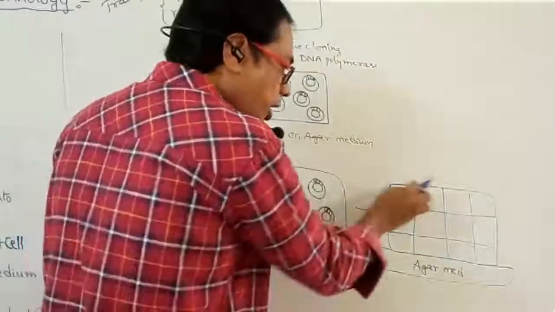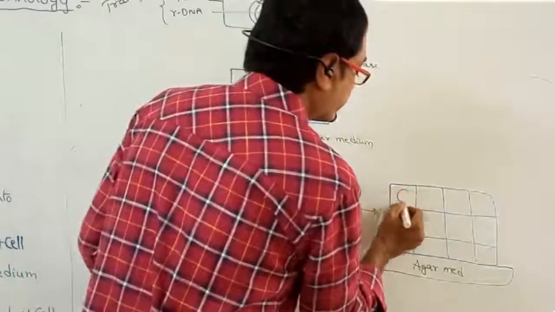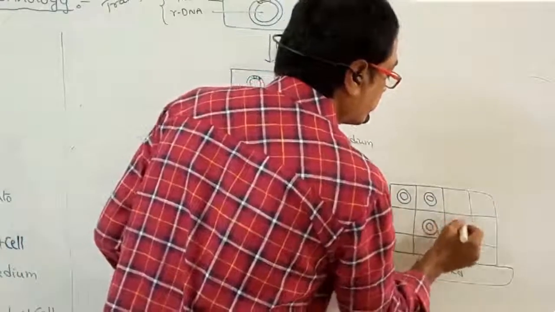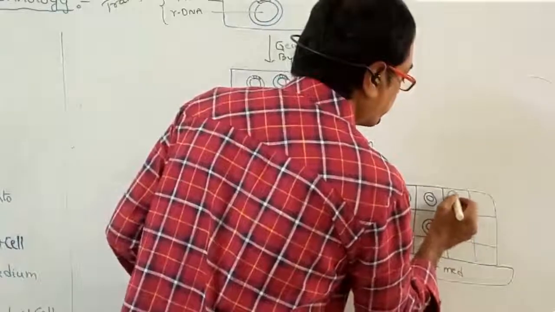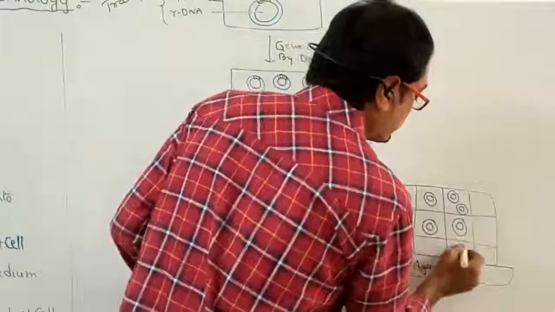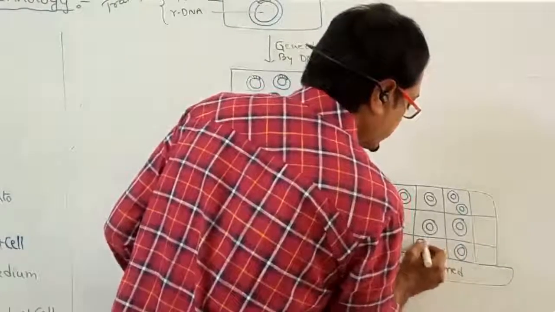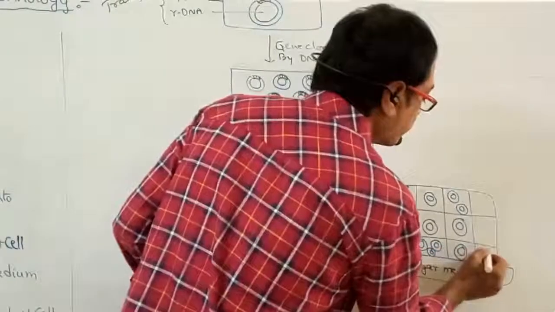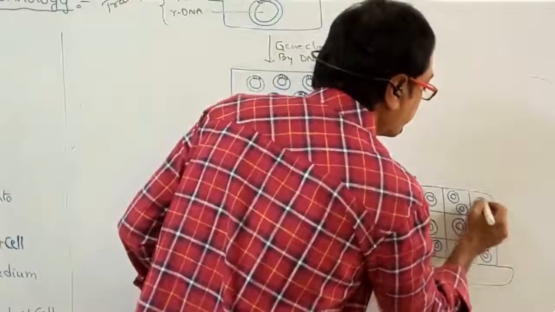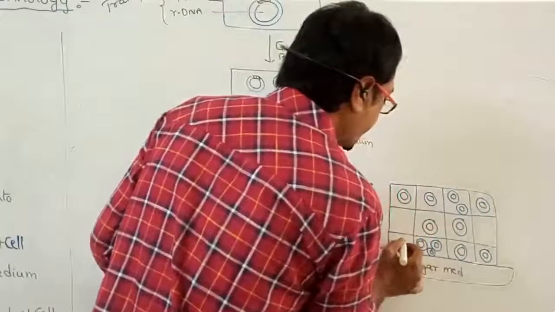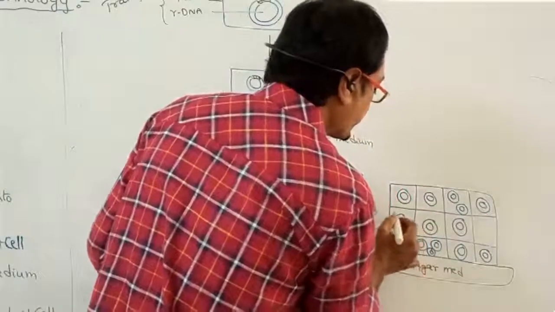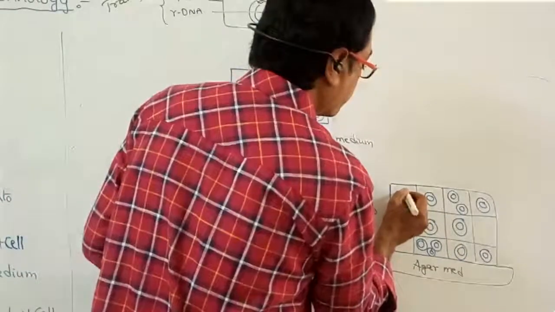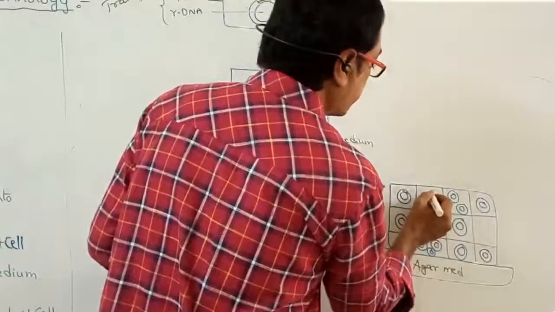So these rDNAs enter into the host cells. Okay, so this is the desired gene.